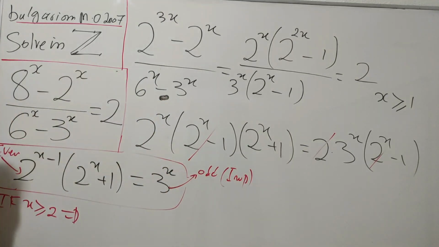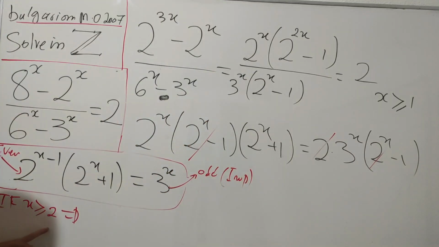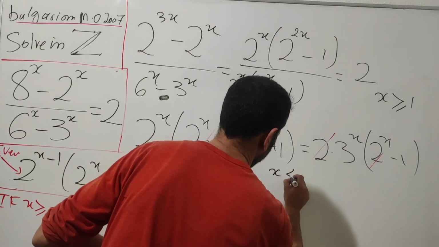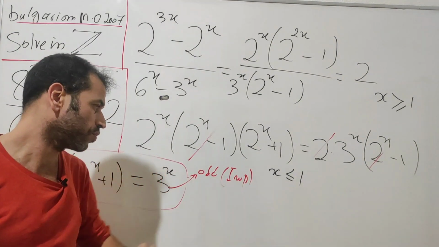Which means we have no solution for this equation on the interval where x is greater than or equal to 2, which means x must be less than or equal to number 1. Let's check the positive integers first.